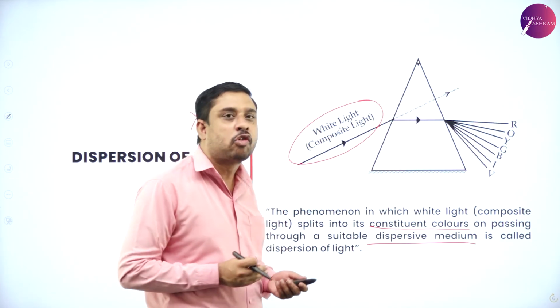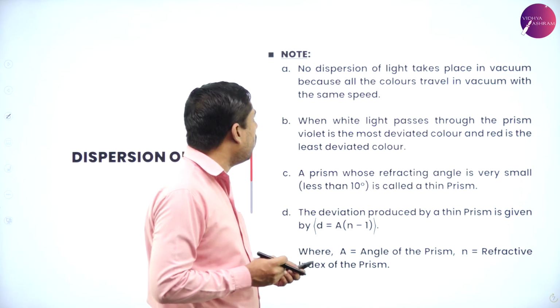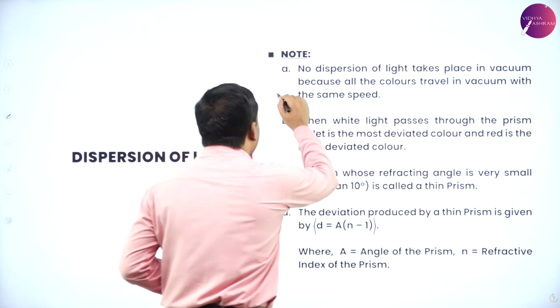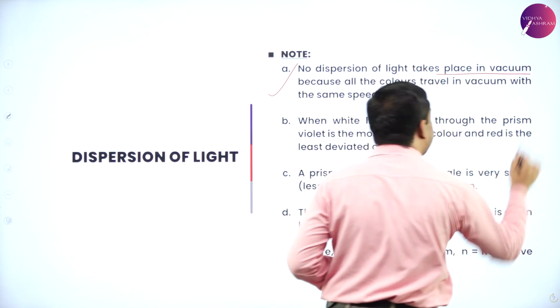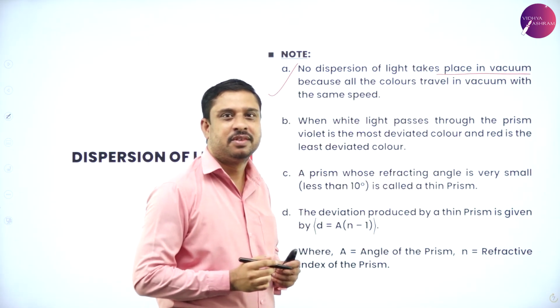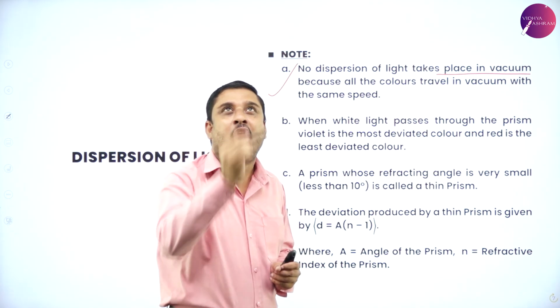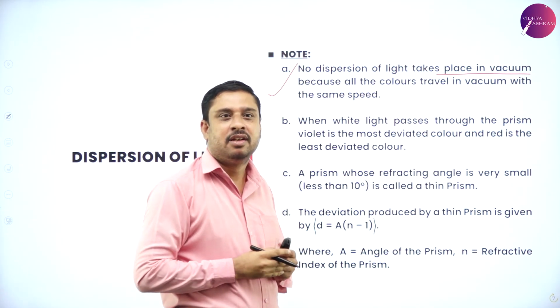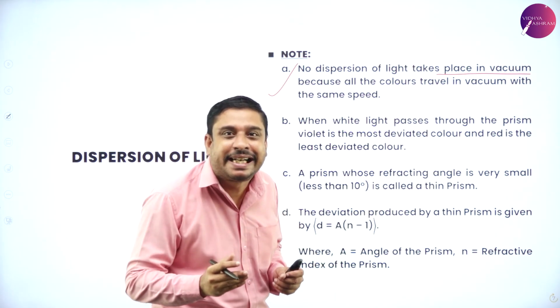That is what is called dispersion of light. Now, no dispersion takes place in vacuum. When white light travels through vacuum or free space, the phenomenon of dispersion cannot be witnessed.